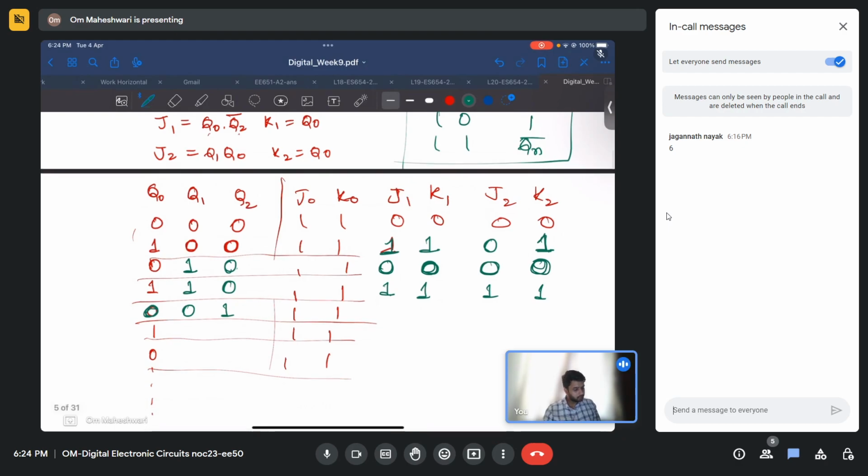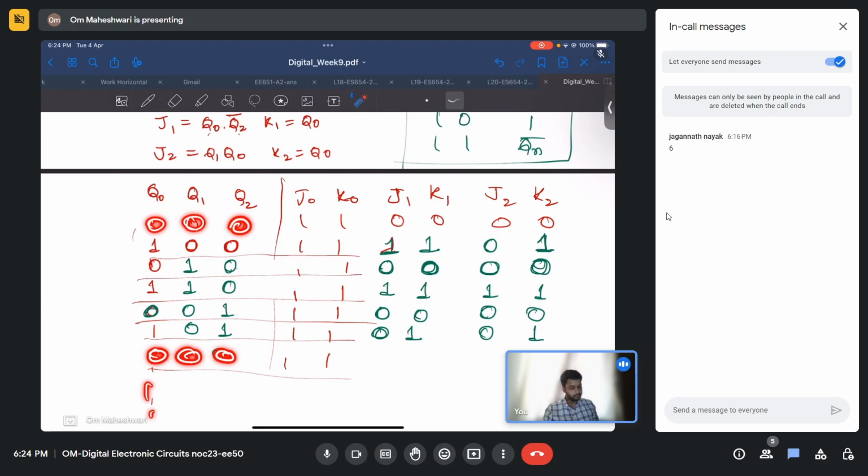Now J1 is 0, K1 is 0, J2 is 0, K2 is also 0. 0 1 will remain. Now J1 is 0, K1 is 1, J2 is 0, K2 is 1. So it will be 0 0. So if you see, we started with 0 0 0, and we are back at 0 0 0. So it will now keep on repeating.